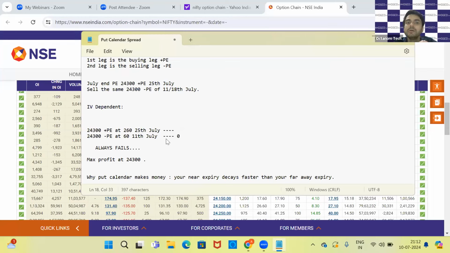Okay, now what I'm going to show you all is somewhere you won't see it on the internet. We are using a put calendar concept only. But now where we use put calendar is if I'm either neutral to the market or I'm bearish.